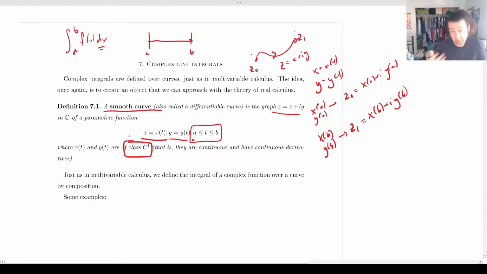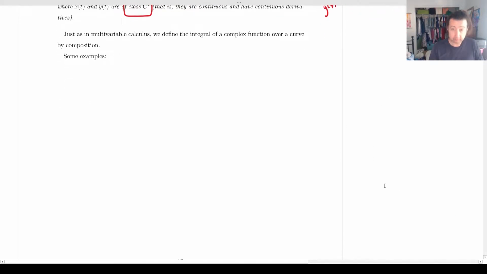so what we're going to do is we're going to take the notion of a parametrized curve and use it to build a theory of line integration. So it's good to have some examples of parametrized curves here, some pretty standard ones.